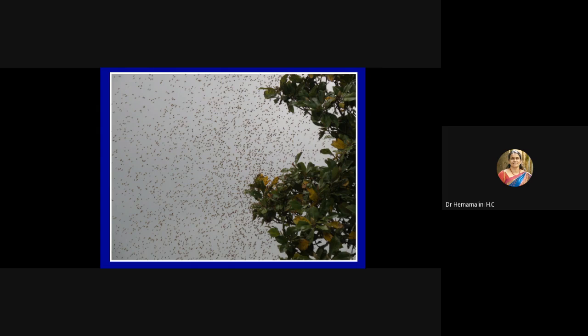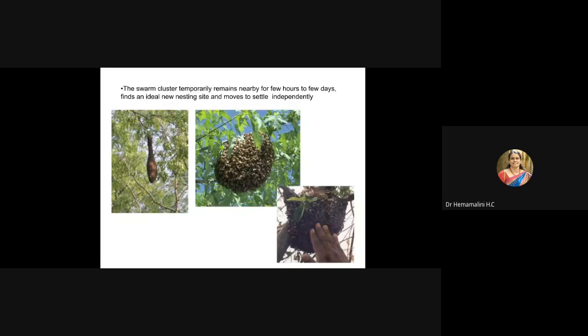When the queen bee decides to fly away, due to queen substance, the remaining around 50% of the worker bees also move from that location to the new location. Usually the elder workers, that is aged above around 20 days, move to the new location.